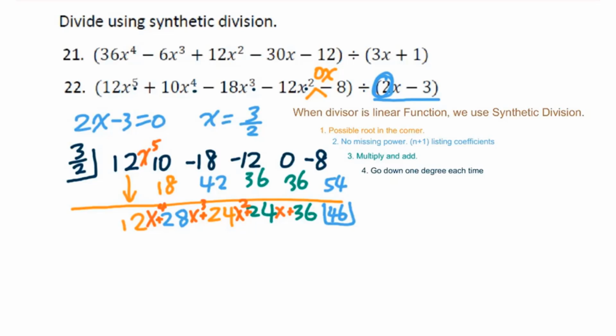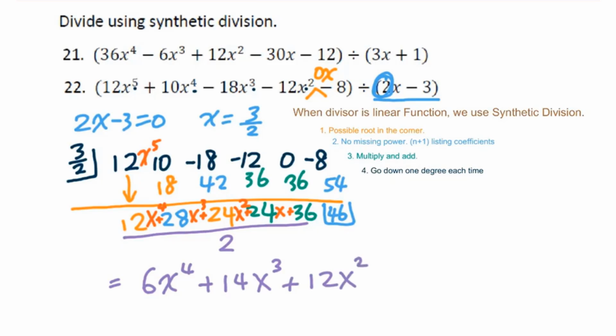So we divided by 2 again. You will get 6x⁴ + 14x³ + 12x² + 12x + 18. Remember, your remainder won't change, so plus 46 over 2x - 3.